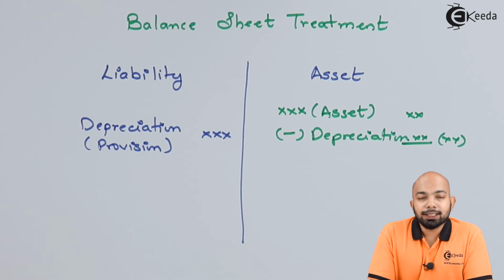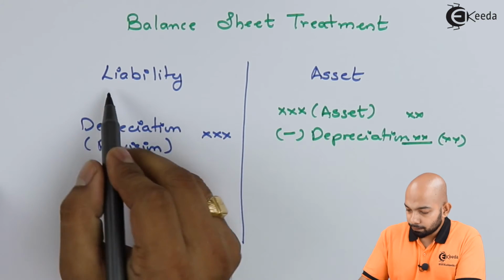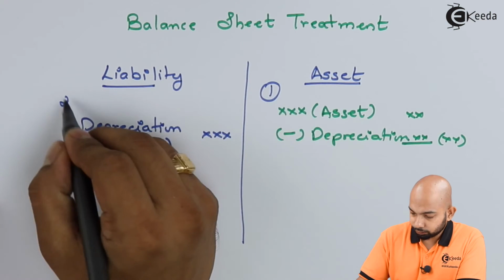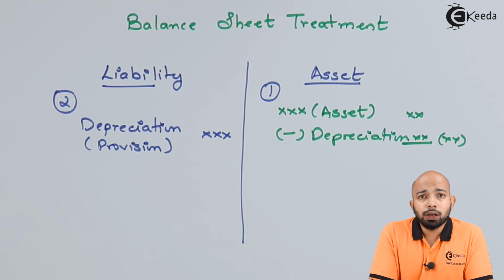There is a format that has been prepared of the balance sheet. One side will have liability, the other side will have asset. If the first method is used, whereby there is a straight flat out deduction from the asset, this is what you will be doing.